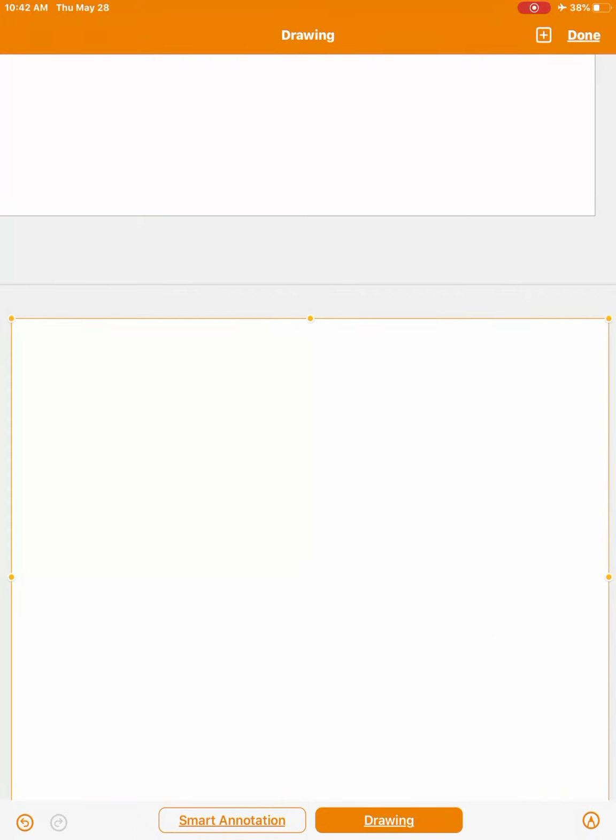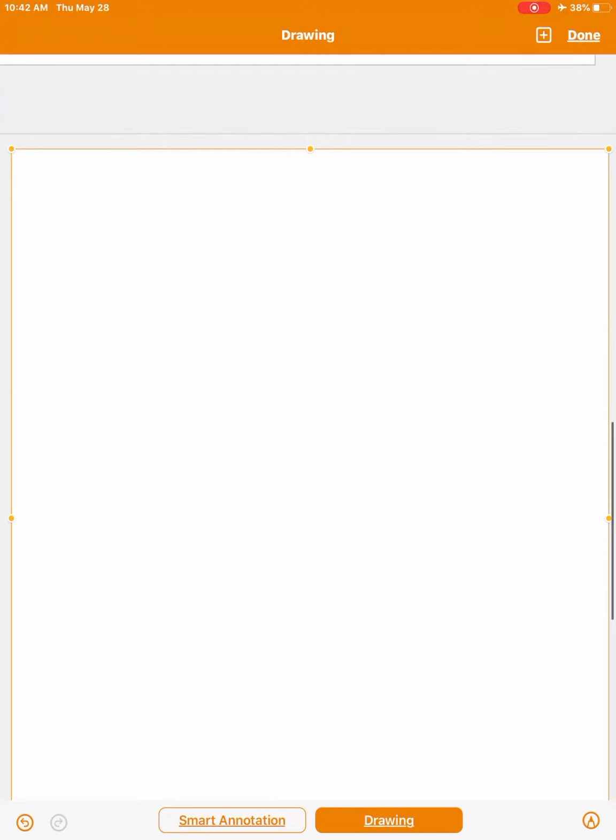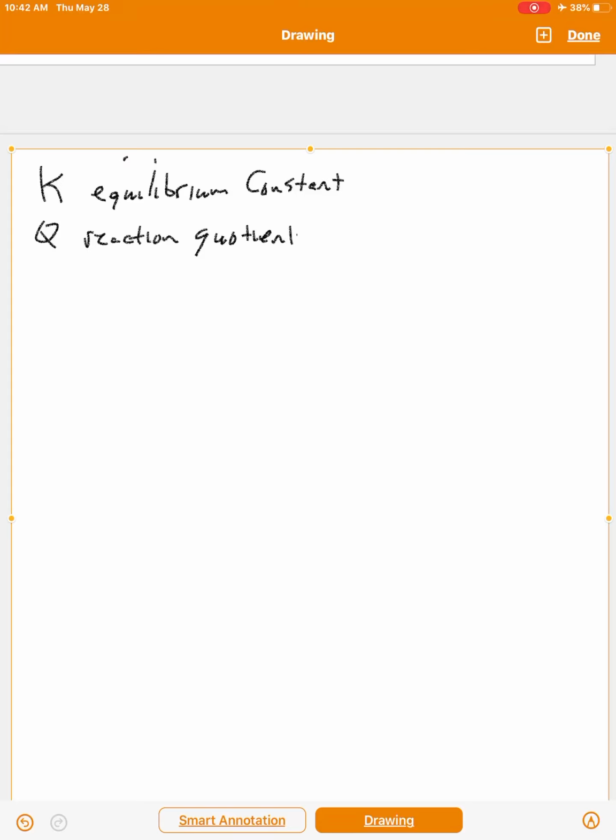So we saw the relationship between delta G and Q, but now we want to look at the relationship between delta G and the equilibrium constant. So remember, K is our equilibrium constant. Q is the reaction quotient. They're related, but they're not the same. The reaction quotient is the products over the reactants under any conditions, standard or non-standard.